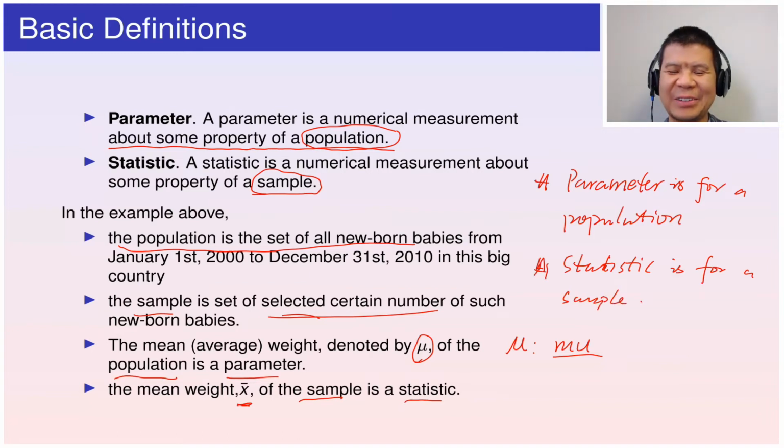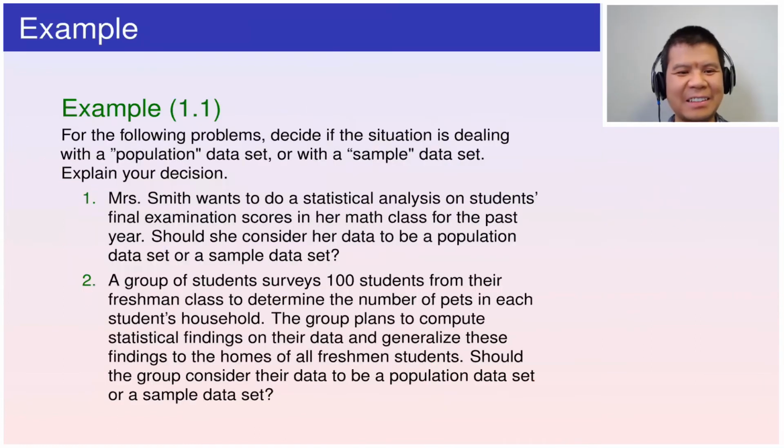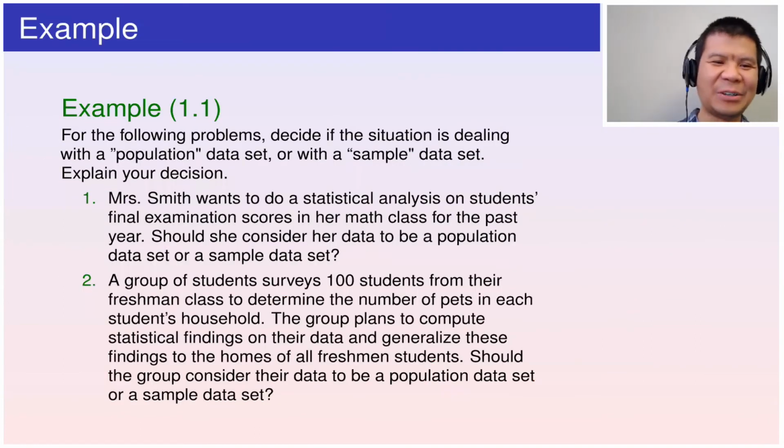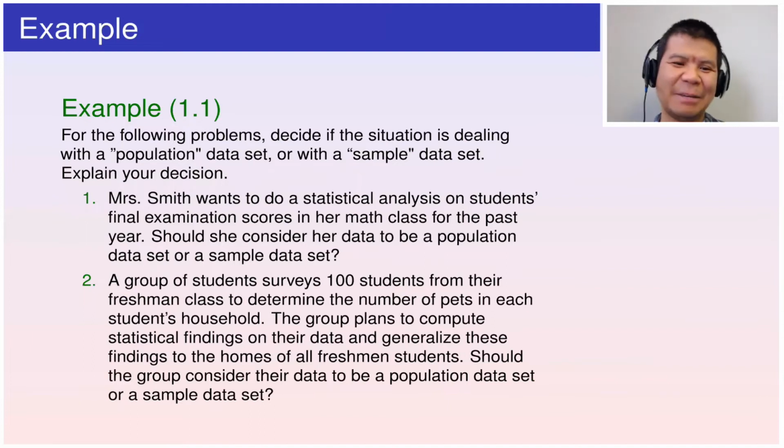Very good. Now let's consider this example. For the following problems, decide if the situation is dealing with a population data set or with a sample data set, and explain your decision. Let's consider the first.